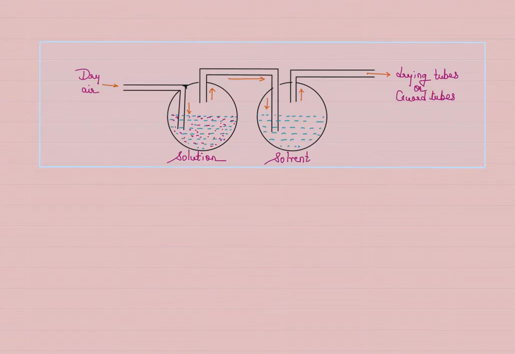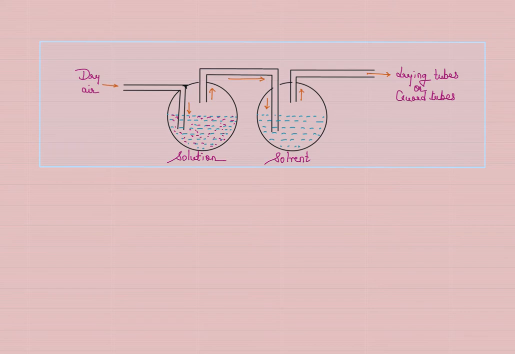So look at this. This is one of the apparatus used for finding out the relative lowering of vapor pressure of any solution. I have drawn this in a very, very simplified manner. What do we have here? We have two bulbs, and they have been connected through pipes.